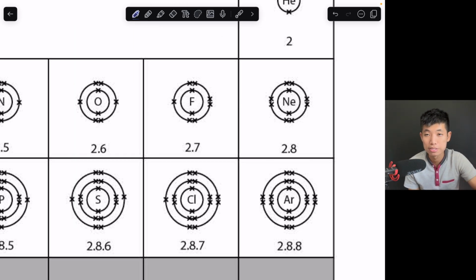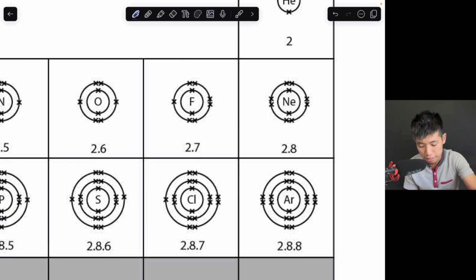And your non-metals, they tend to gain electrons, right? The more easy it is for me to take an electron in, the more non-metallic I would be. So between fluorine and chlorine, let's just look at two. Who is more likely to gain the electron based on what we have just shared?